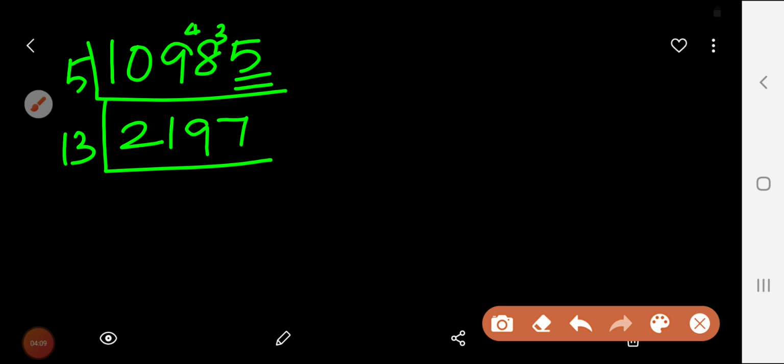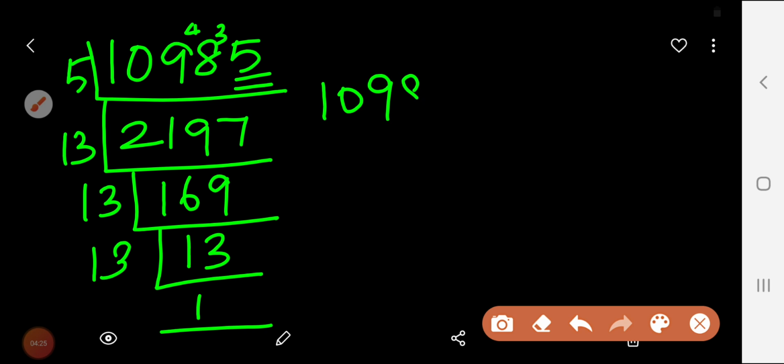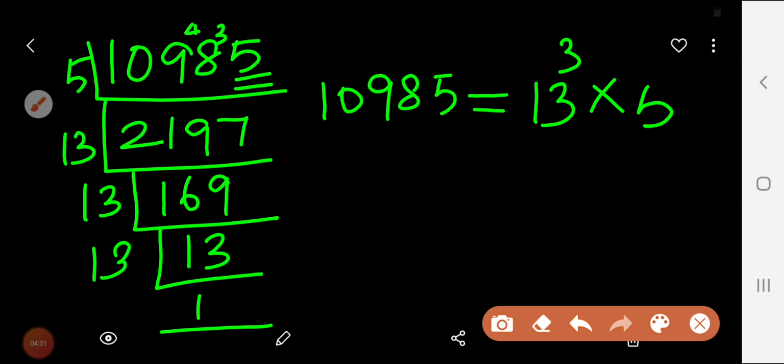So what will we get? 169. When we divide this number by 13, we get 169. Next we have to divide by 13 again. 13 13s are 169. Again we divide by 13, it will be 1. Now 10,985 is expressed as 13 power 3 into 5 power 1.